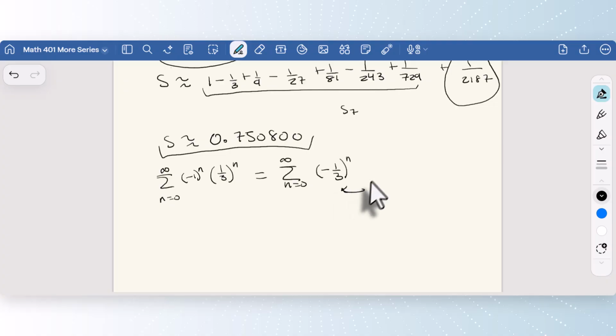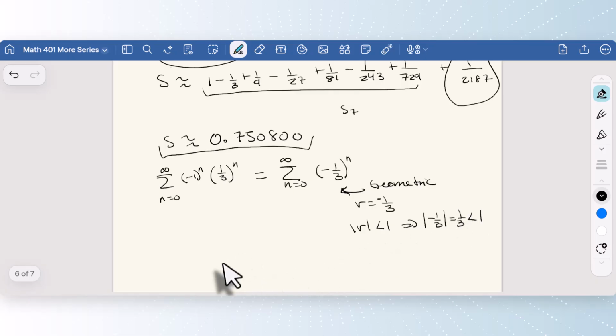This is still geometric, with r equal to negative 1/3, and remember this converges if the absolute value of r is less than 1. So the absolute value of negative 1/3 is positive 1/3, which is less than 1, so it converges.